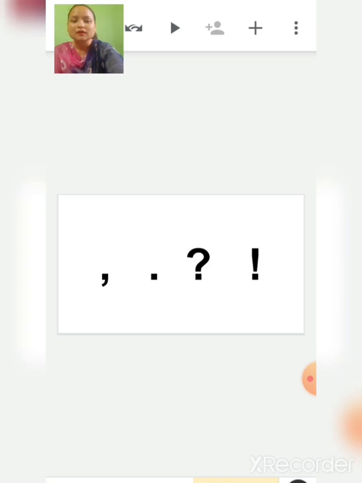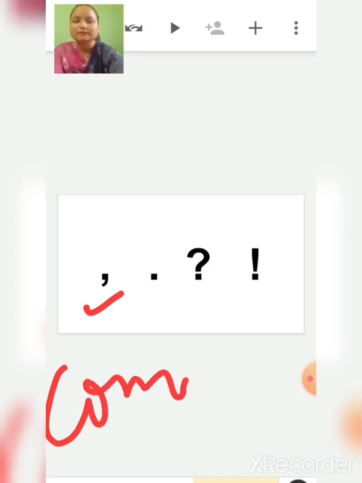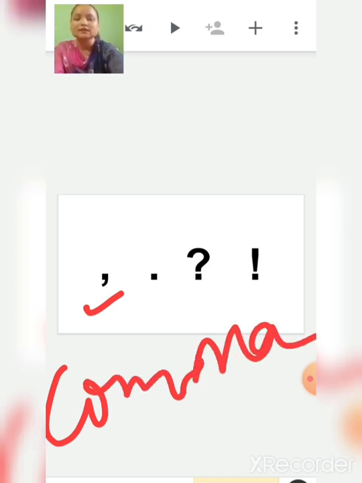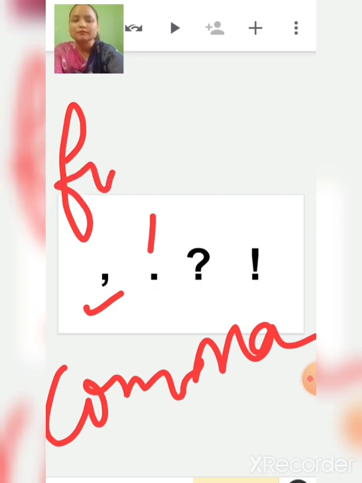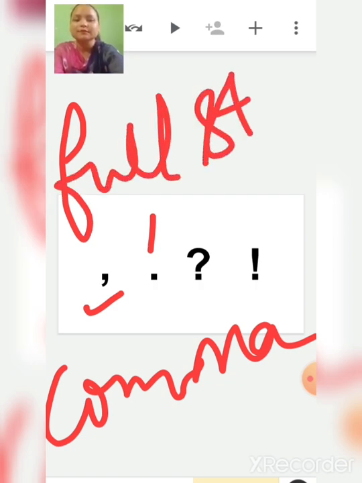So this symbol is of what, children? Yes, comma. Right? This one, full stop, which is also known as period.